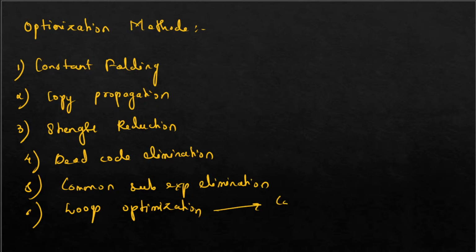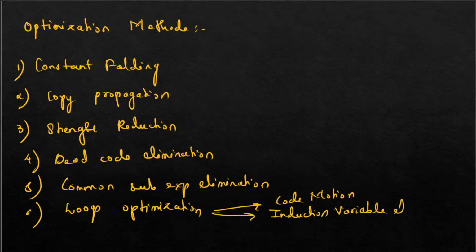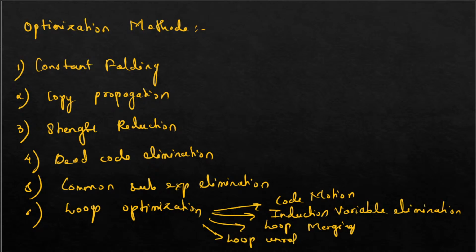So here comes code motion. Okay, after that induction variable elimination, then loop merging, and loop unrolling. All this you should know.